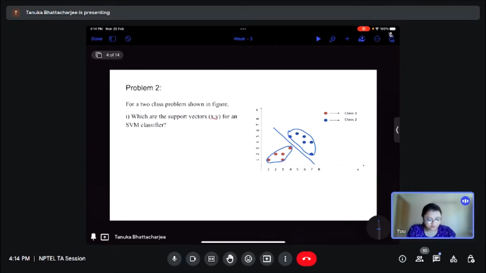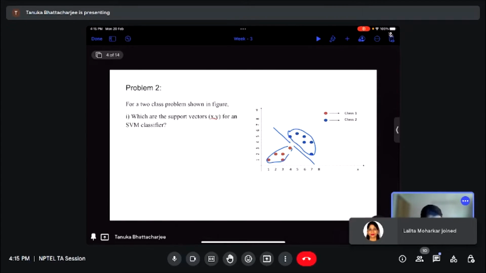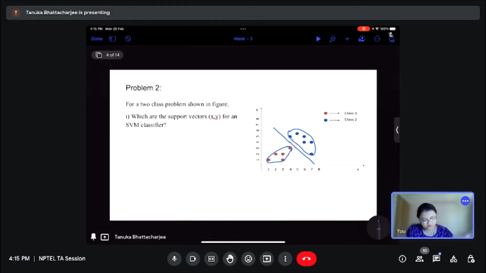Clearly from the red class only this data point is closest to the decision surface. So this will be the support vector, and its coordinate is 4, 3, as both Neelam and Lalita said.